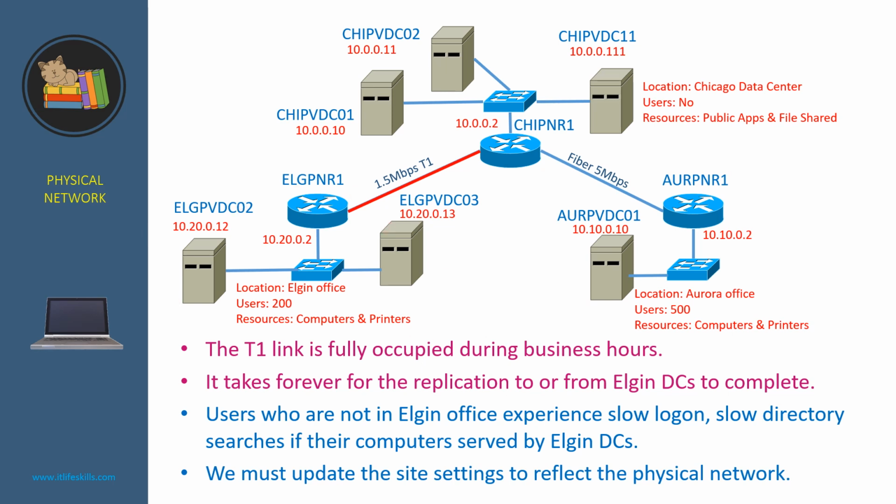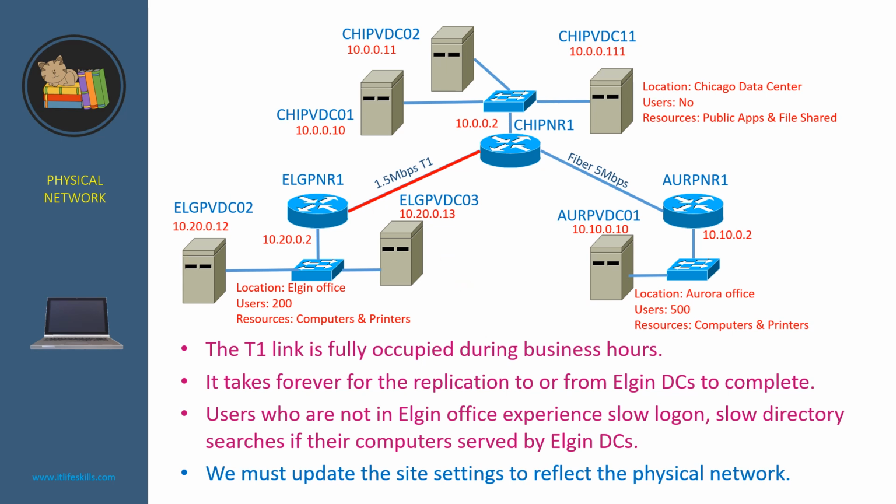The second problem is that clients can locate any domain controllers in the forest, which makes users who are not in Elgin Office experience slow log-on and slow directory searches if their computers are served by Elgin DCs.